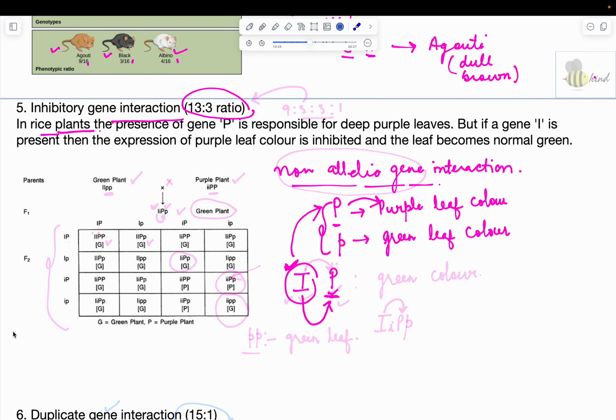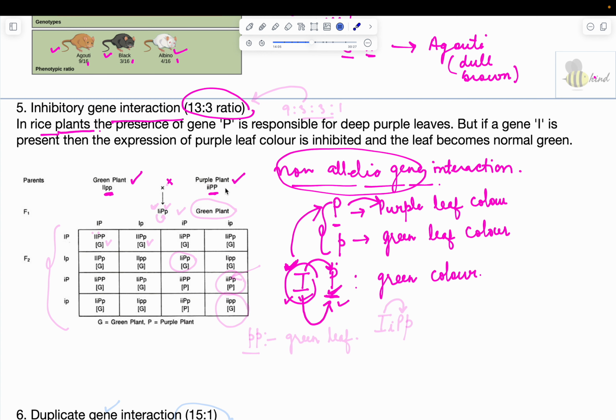But when dominant P is present with dominant I, it will produce green color again. So I is inhibiting the effect of P, and I and P are non-allelic genes. Here this rice plant has green colored leaves because P is in recessive state. This one has purple colored leaves because P is in dominant state.